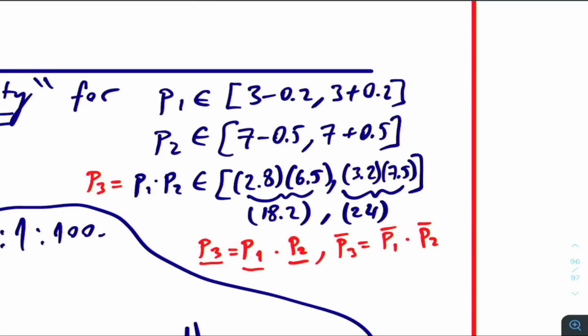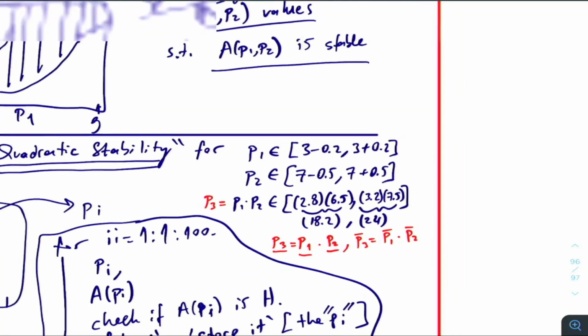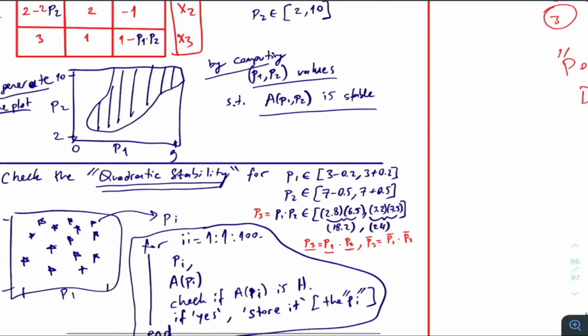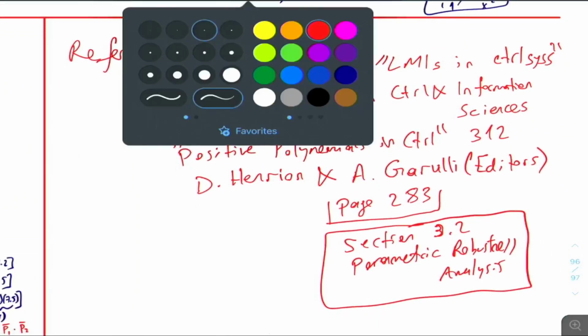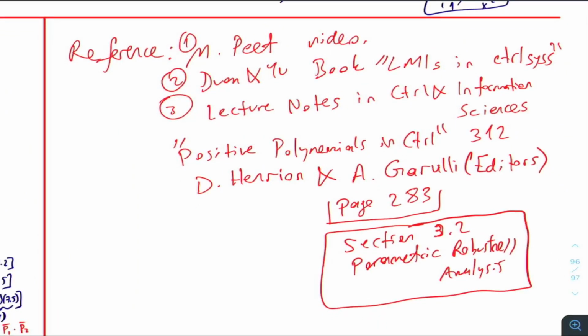And did I mention the references? I guess I didn't. Okay, there is a Matthew Peet video on LMI control, and the link will be in the description down below. And Duan Yu's book on LMIs in control systems.